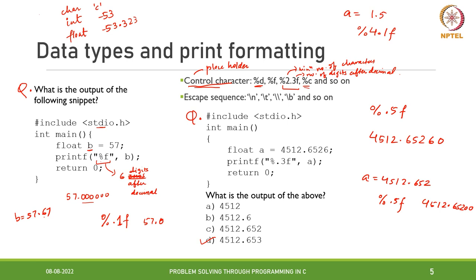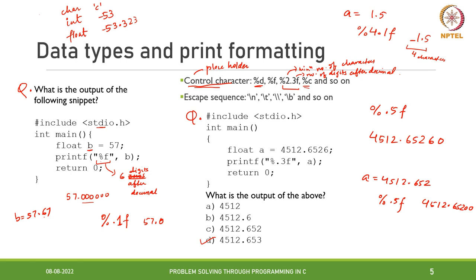So this will print 1.5, which is three characters, but there will be one space in the front, and then it will print 1.5. Are you able to see why? Because that will make a total of four characters now.